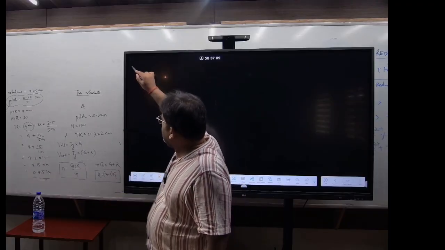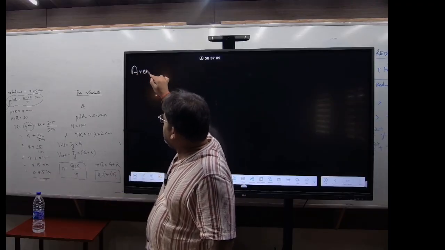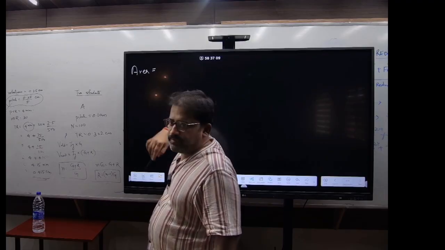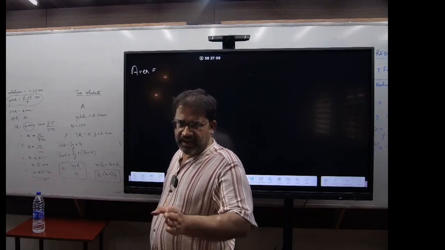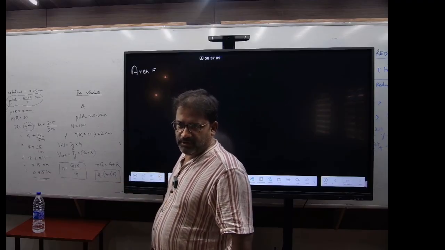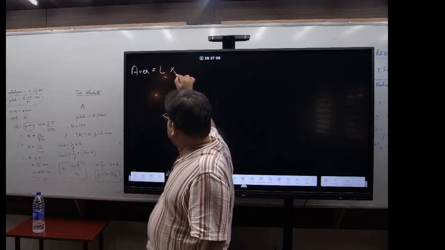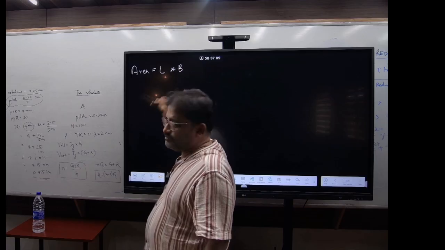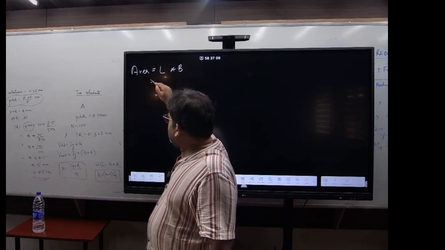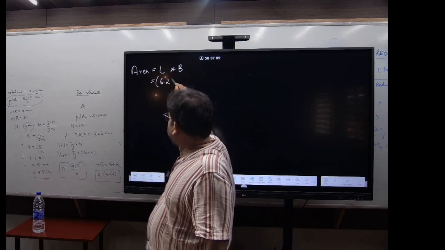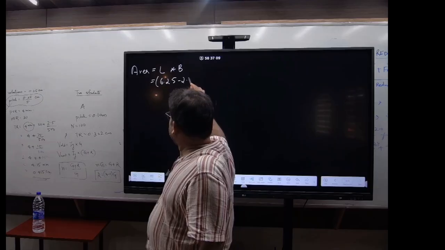That means we can say that area is equal to area of the rectangle. What is the area of the rectangle? Length into breadth, so it is L into B. Now what is that L into B? L into B is 6.25 minus 2.5.